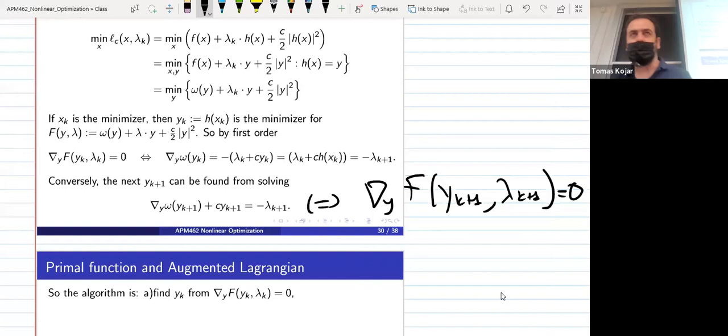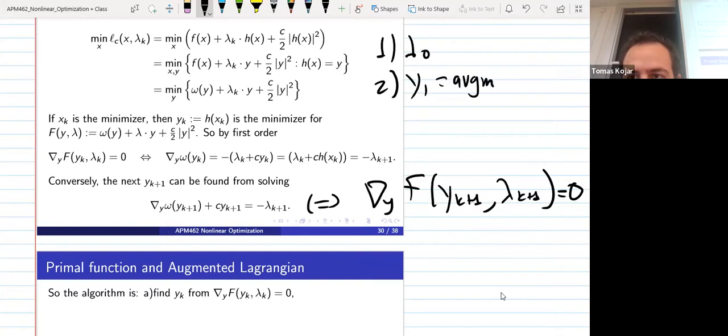Okay, so let me describe. This is the same algorithm, but using the primal function. Let me explain what happened. Again, you start with lambda 0. You get y1 as the argmin of F y at lambda 0.